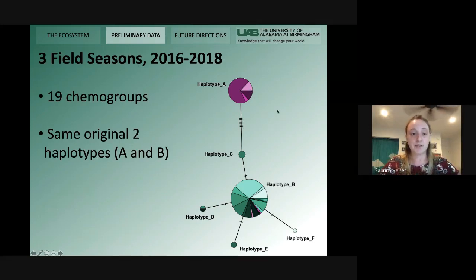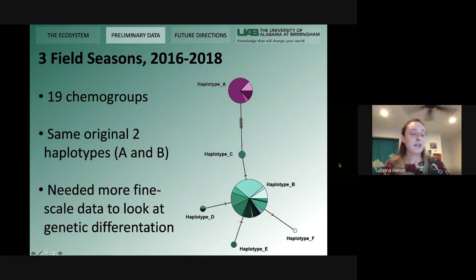The different shades represent the 19 different chemogroups, and I color-coded the individuals that fall into haplotype A with the purple color, and the individuals with different chemogroups that belong to haplotype B with the green color. And as you can see, haplotype B is a lot more chemically diverse than haplotype A. I also identified a couple more haplotypes, C through F, which are only one base pair different from haplotype B, and they were producing the same chemogroups that were also found in haplotype B.